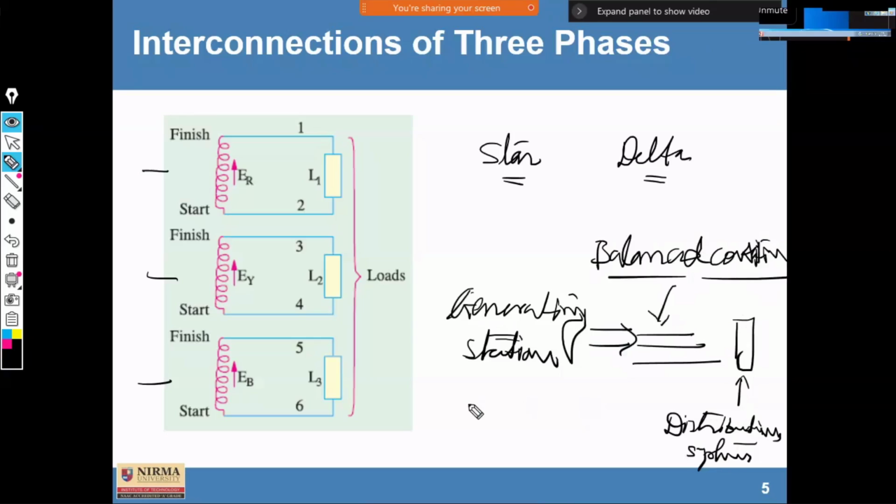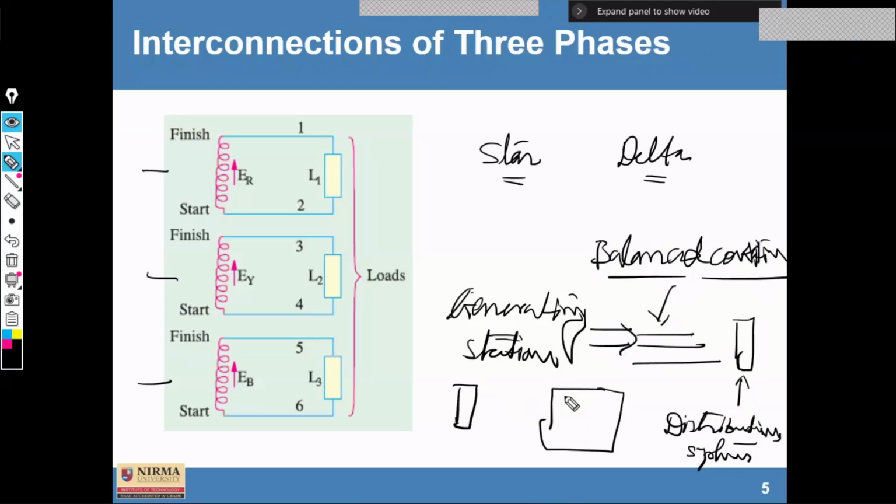But when the power from this distribution reaches our apartment, we can say the power is unbalanced.